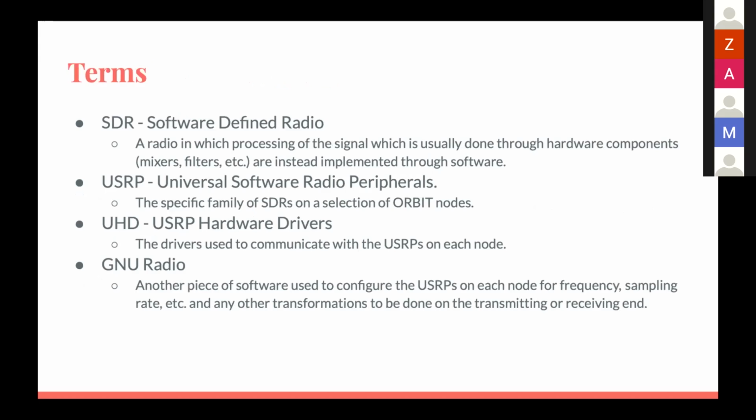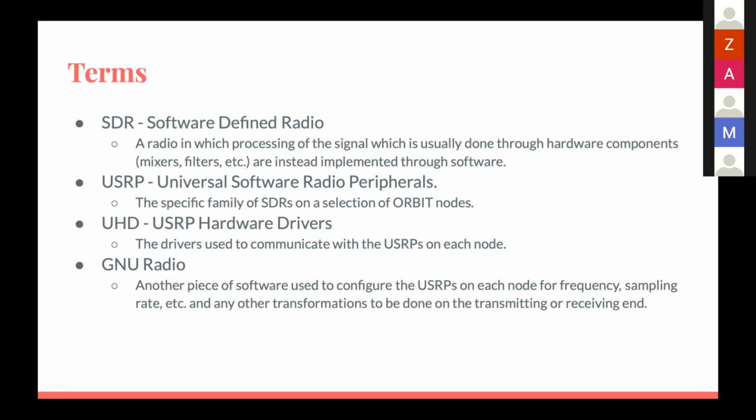Okay, so some of the terms that we're going to use in the rest of the slides are SDR, which stands for software defined radio. That's essentially just a normal radio, except the processing of the signal, which is usually done through hardware components like mixers and filters, is instead done through software. USRP stands for Universal Software Radio Peripherals. These are the specific family of SDRs that we have on the orbit nodes, which we use for testing.